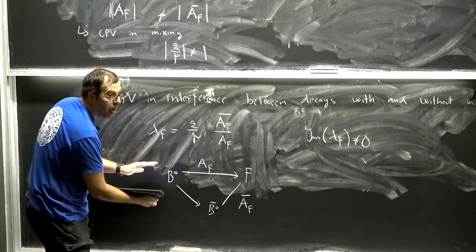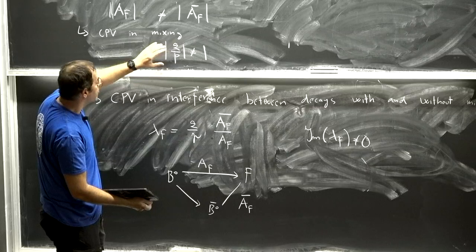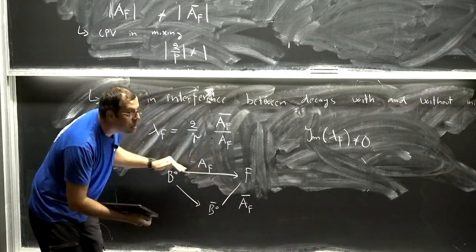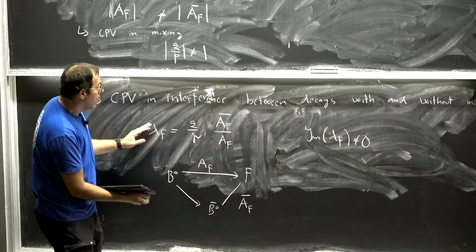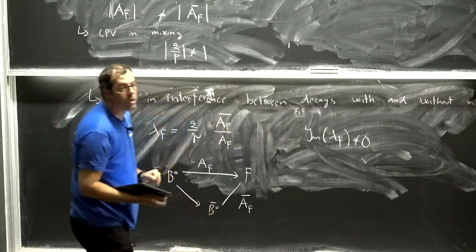So at the end, if you have an interference pattern here, this is the observable that has an imaginary part which is non-zero.